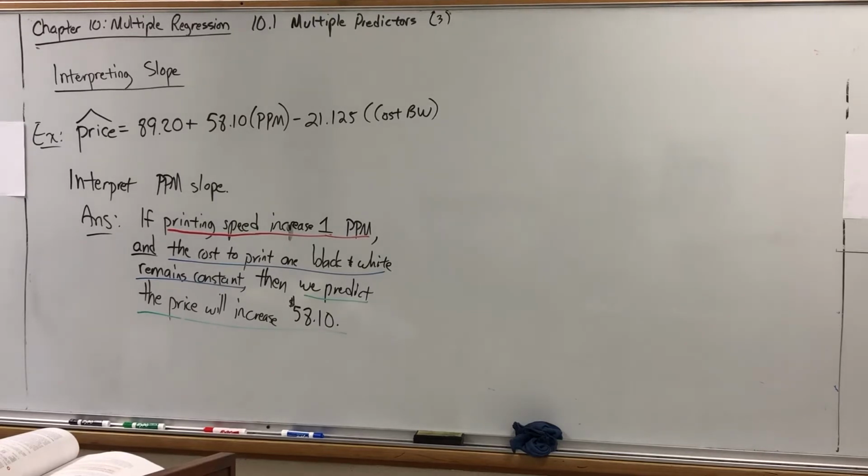How would the interpretation of the slope for the cost of one black and white page go?